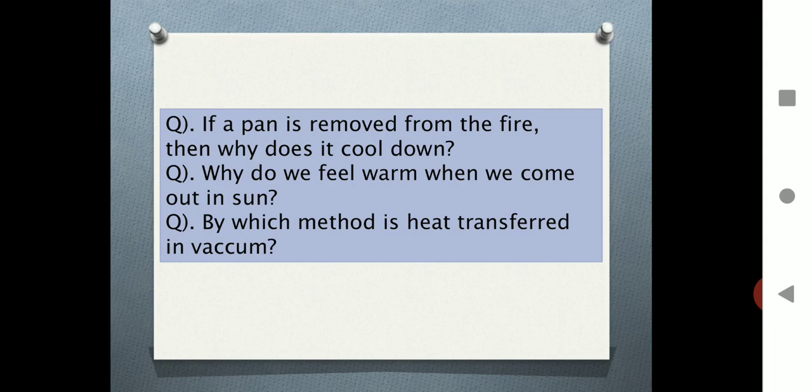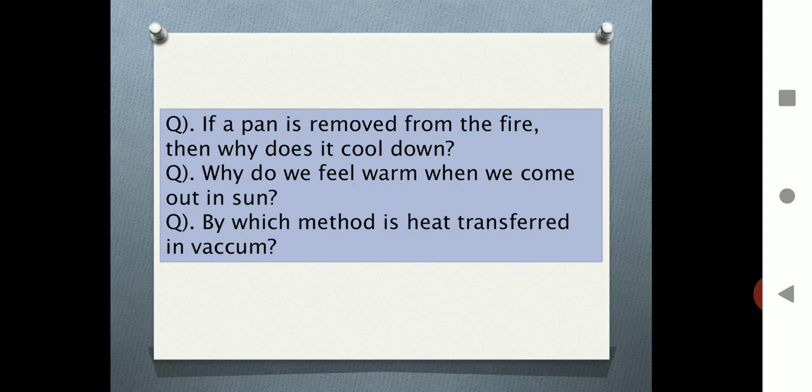This is because the sun radiates heat, and the heat radiated from the sun reaches the earth's surface, and we also experience that heat, and that method of heat transfer from the sun to the earth's surface or to our body is by radiation. So we feel warm because of the heat coming by radiation from the sun.